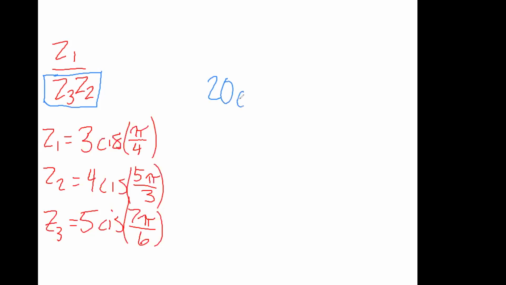And then for the angles, it'd be 5 pi over 3 plus 7 pi over 6, because you have to add them together when you multiply. So then I got 20 cis 17 pi over 6.